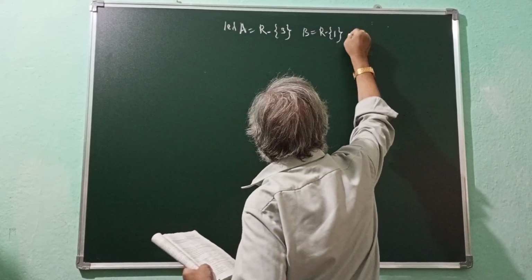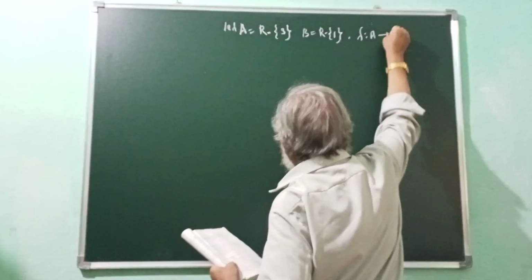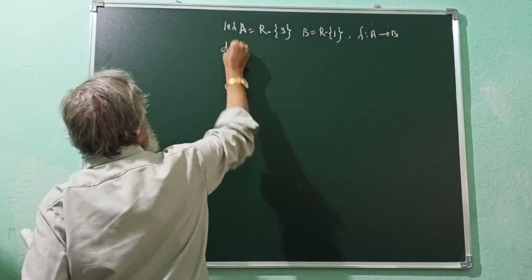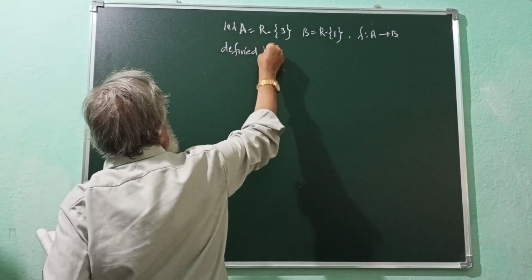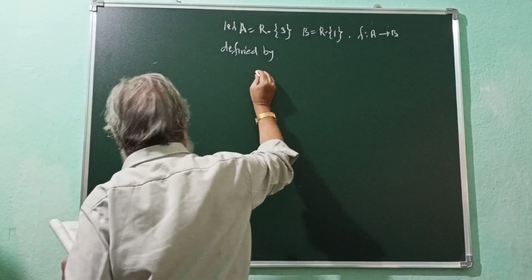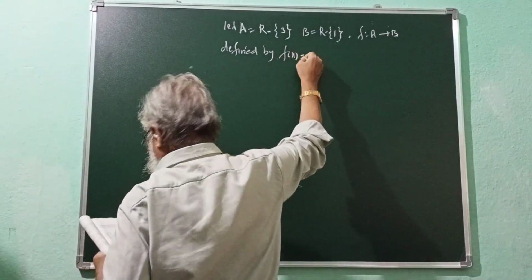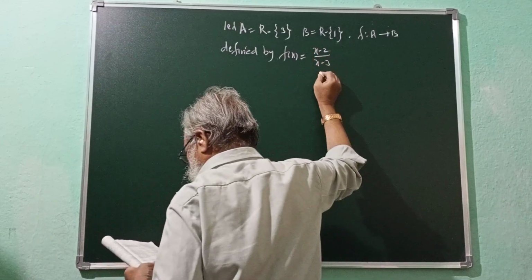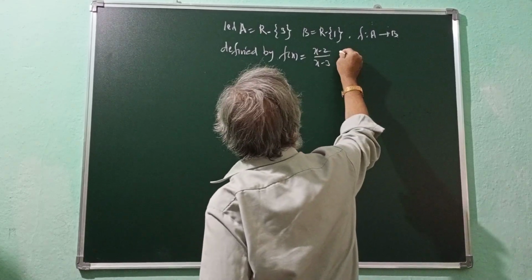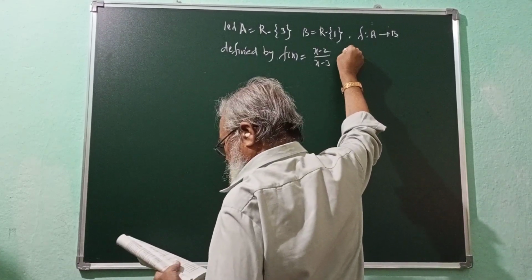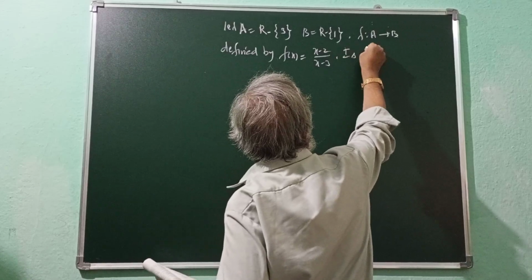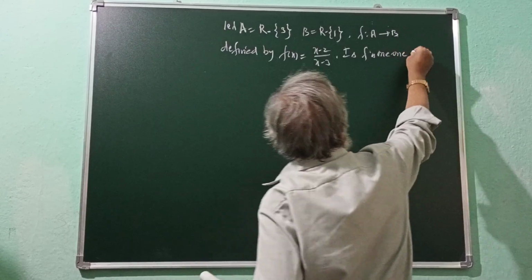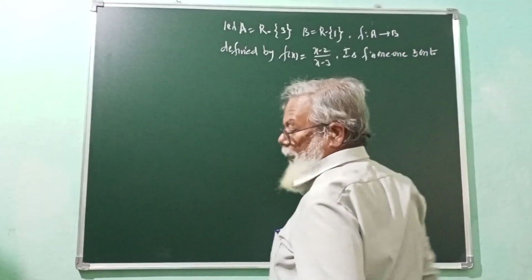Consider the function f: A to B defined by f of x is equal to (x minus 2) by (x minus 3). Is f one-one and onto? Justify your answer.